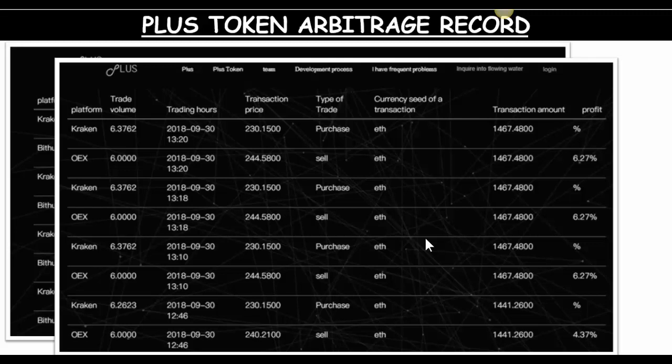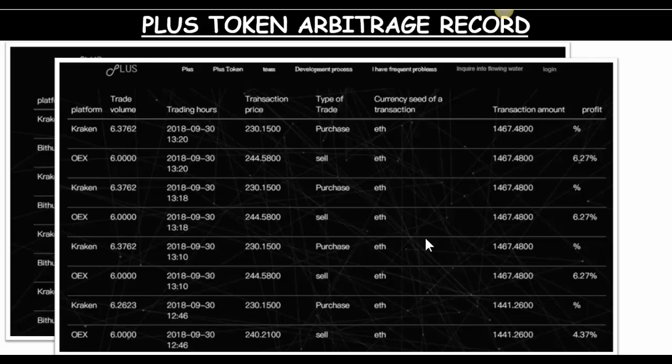So in these examples here, it involves Ethereum, and the trades that you can see based on the far right column, 6.27% 3 times, and then 4.37%. And to give you a little more clarity on this screen, what you can see is that when they're actually trading, for the top example, they are trading 6.3 Ethereum with Kraken and 6 Ethereum with OKEx.